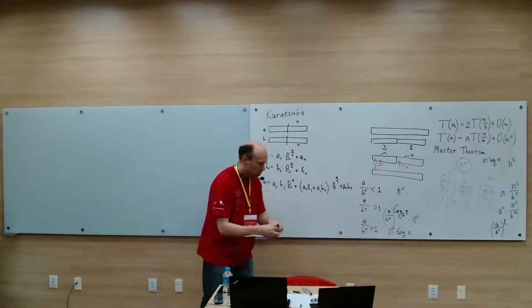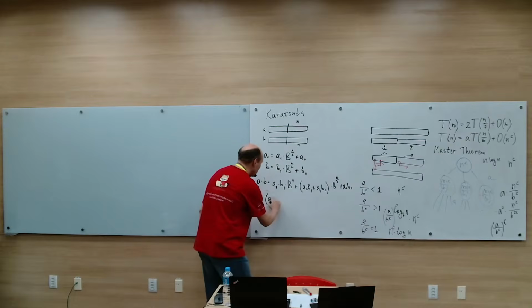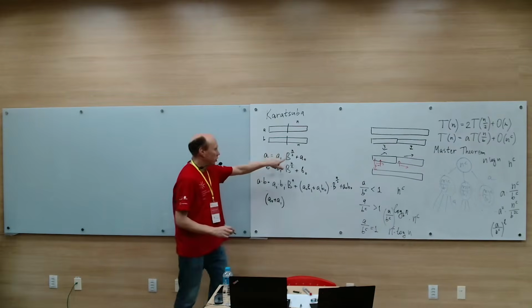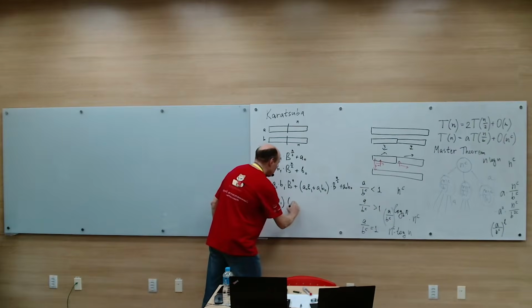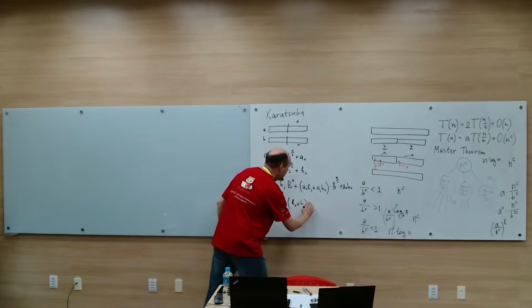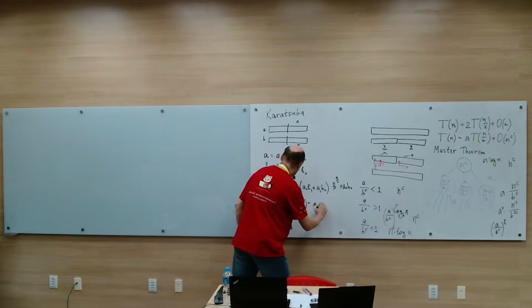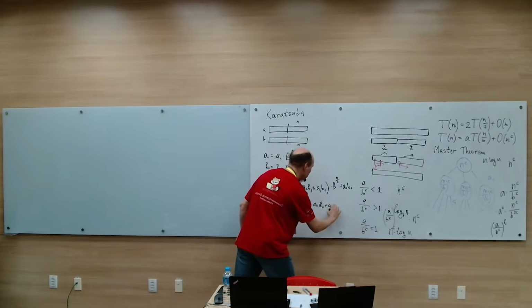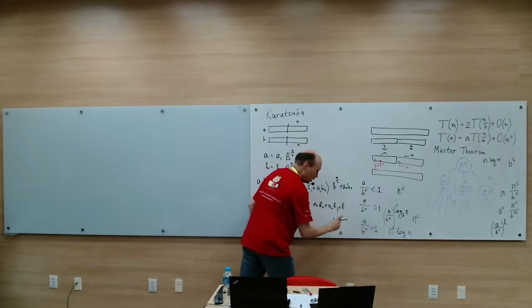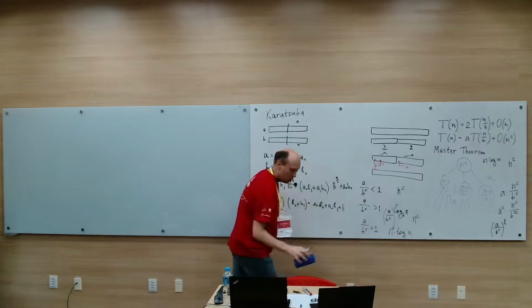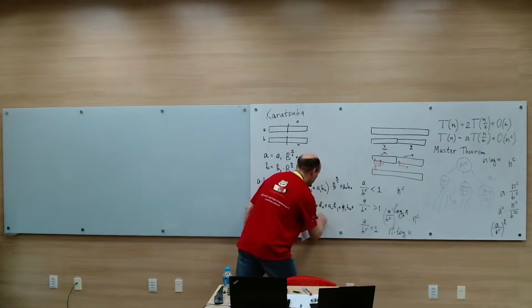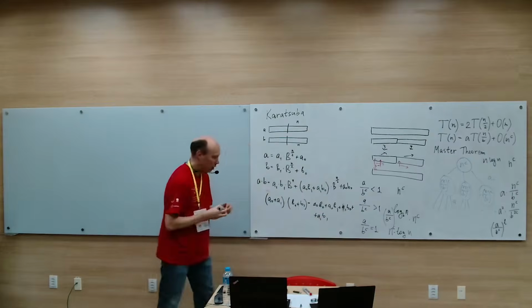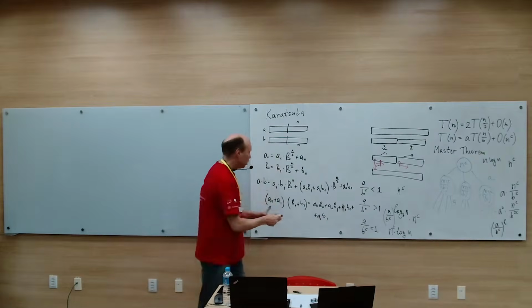And the idea is that if we take a0 plus a1, ignoring the power of 2, times b0 plus b1, you get a0 b0 plus a0 b1 plus a1 b0 plus a1 b1.